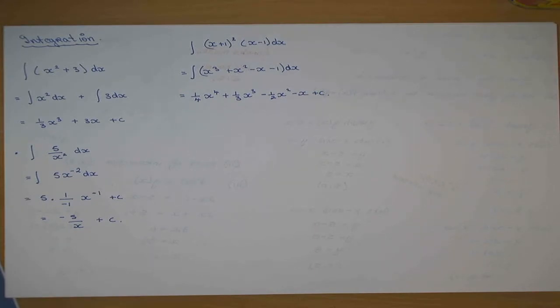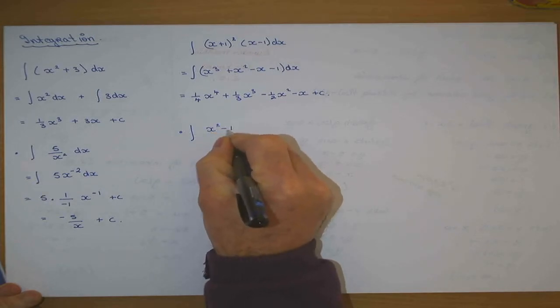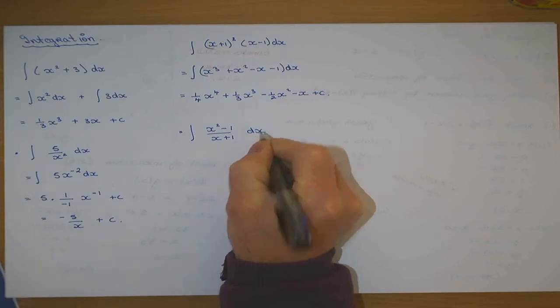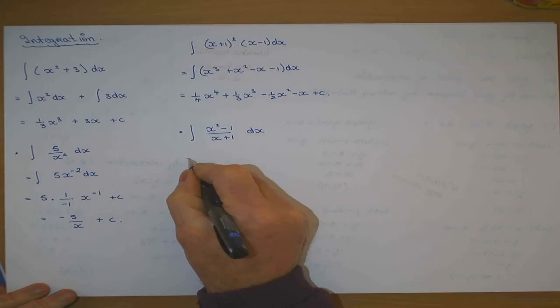So there is no product rule. We're also aware of that. The integral of x squared minus 1 over x plus 1 dx is the integral of a quotient, and there is no quotient rule. So you must divide. How would you divide? Well, you do long division. In this case, it factorizes.